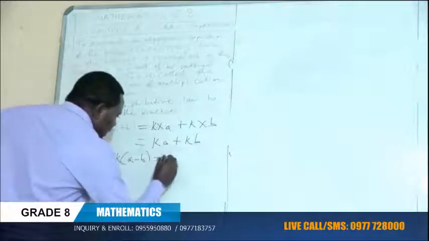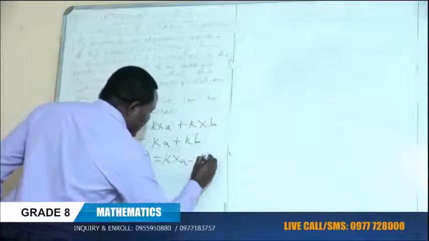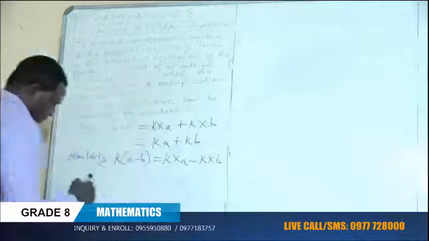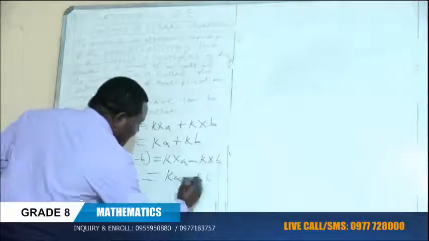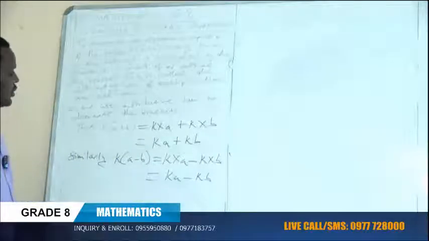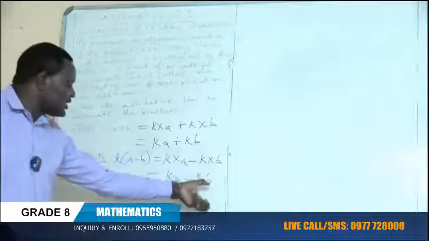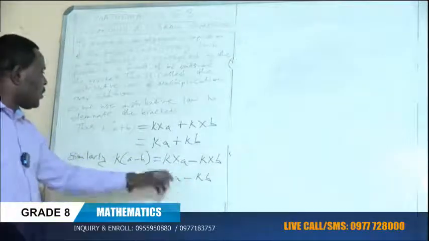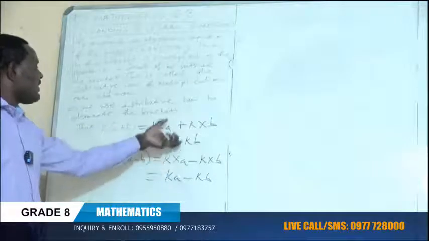Therefore, it will be k multiplied by a minus k multiplied by b. We end up getting ka minus kb. So in this case, multiplication has been distributed over subtraction, whilst for the top part, multiplication has been distributed over addition.